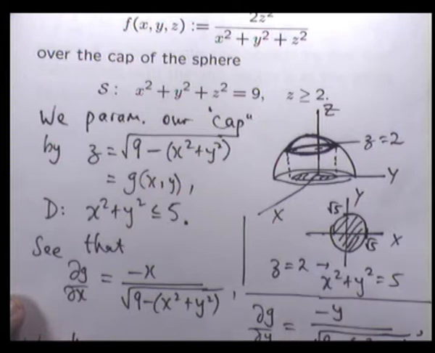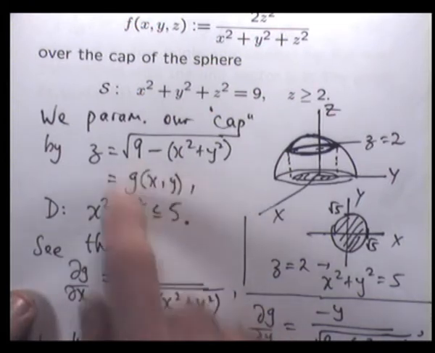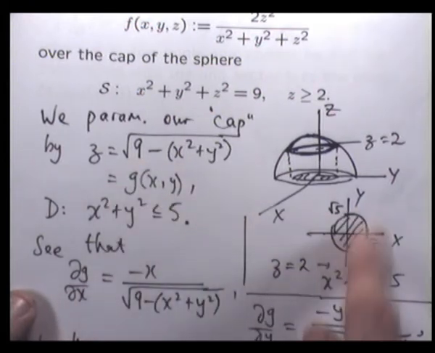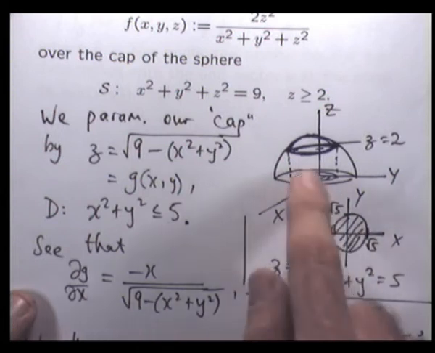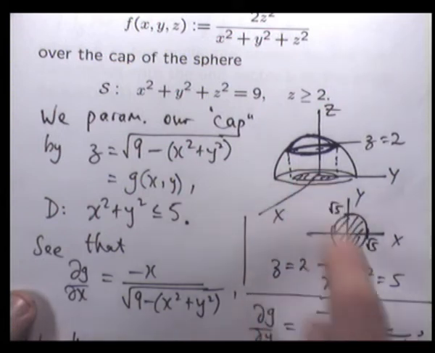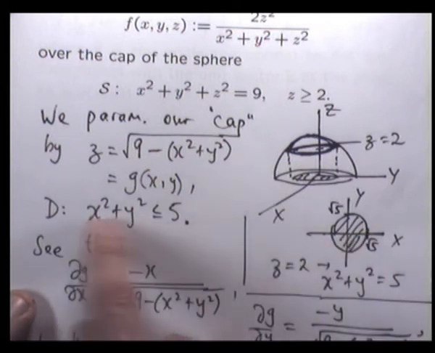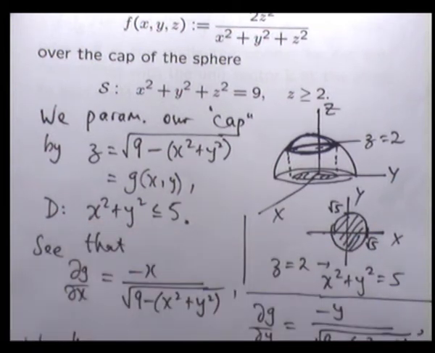So what does that do? It gives us the parameter domain for our parameterization of the surface. Basically, this disk and this disk are the same, and that is the parameter domain for my parameterization.